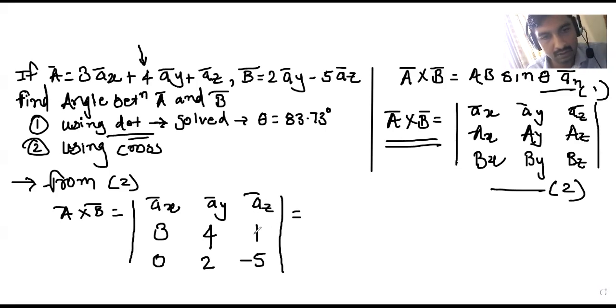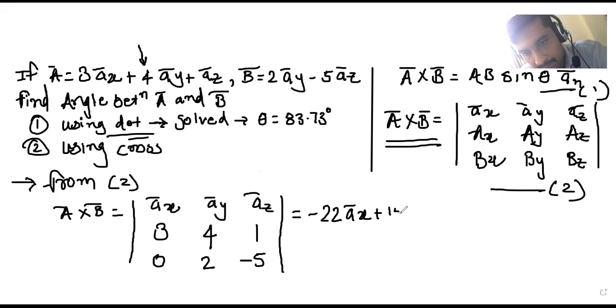If you do this rough work, you will find it is equal to -22 a bar x plus 15 a bar y plus 6 a bar z. Can someone check and tell me whether it is correct or wrong?